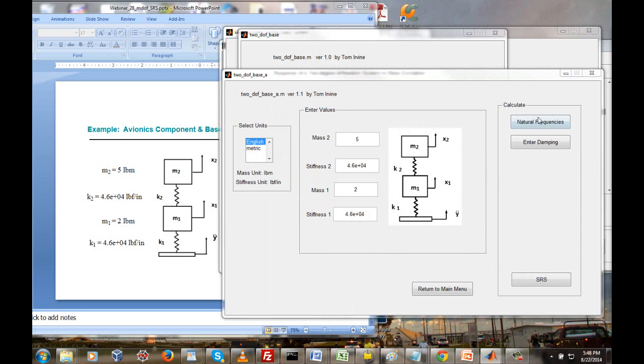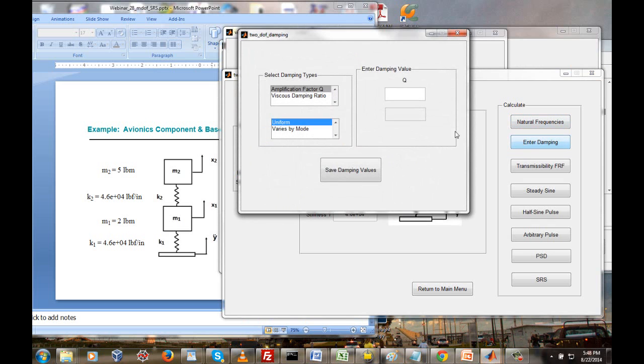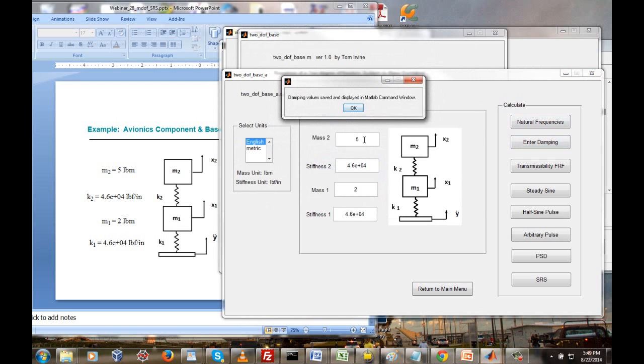Okay, now once we've done our modal analysis, our normal modes analysis, we can enter in our damping. We're going to have uniform Q equal to 10, which is 5% damping, for both of the two modes. So we save that.